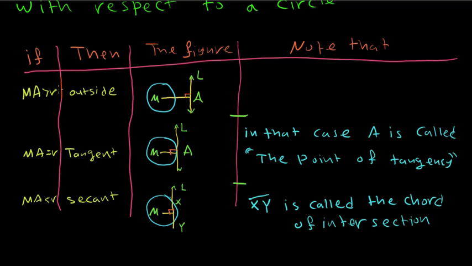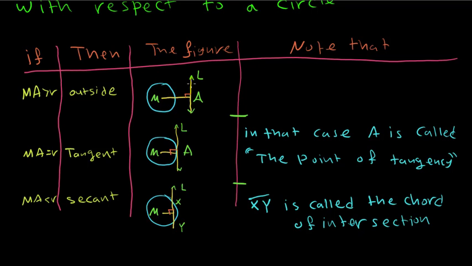In the case of a straight line, if the straight line L is outside the circle, then the length of MA is more than the radius. You can notice here that the straight line L is perpendicular to the line segment MA in three cases.